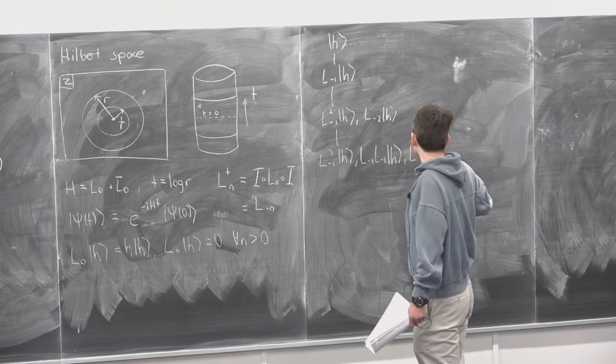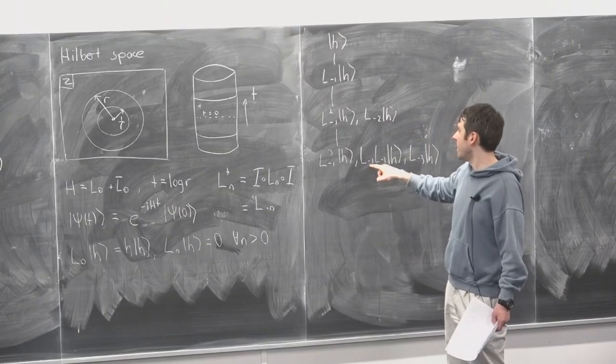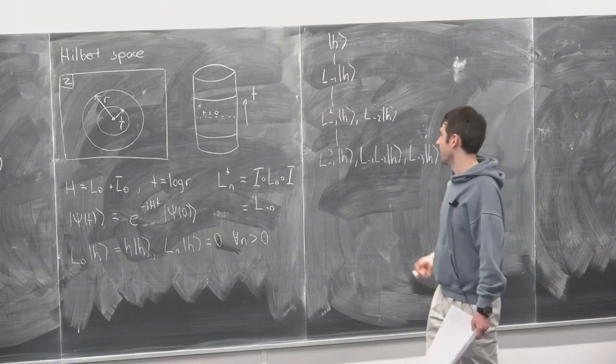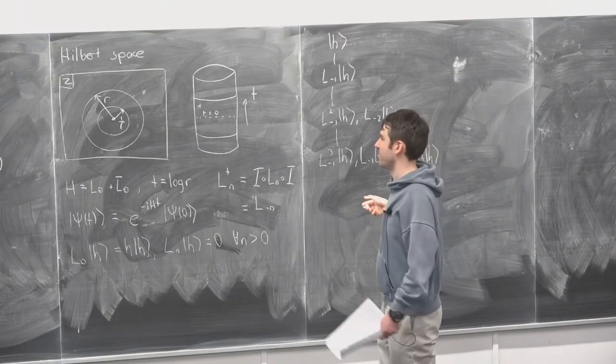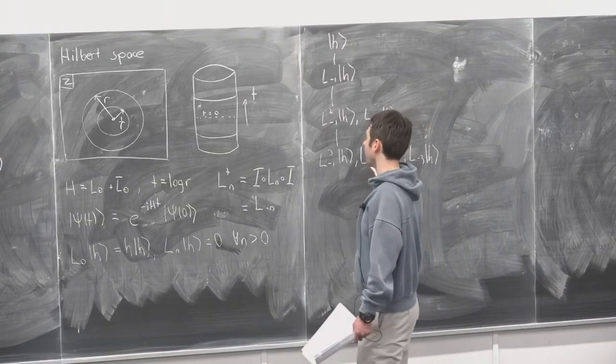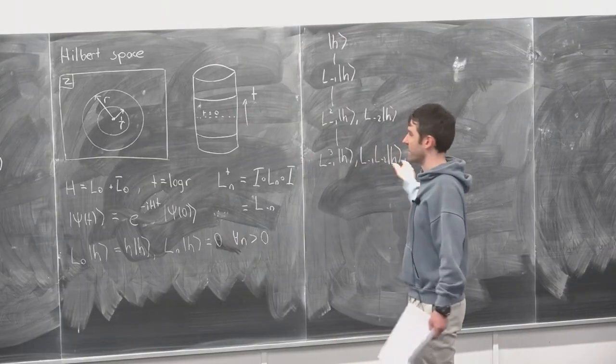And so on. And I want to stress that we only need L-1, L-2, or L-2, L-1. We don't need both of them. This is a linearly independent set because if we had the other order, we could just use the commutation relations to get some expression in terms of these.